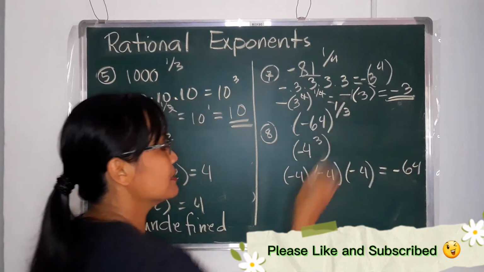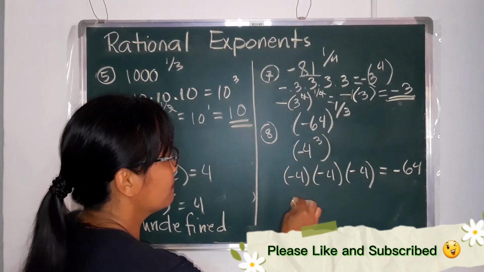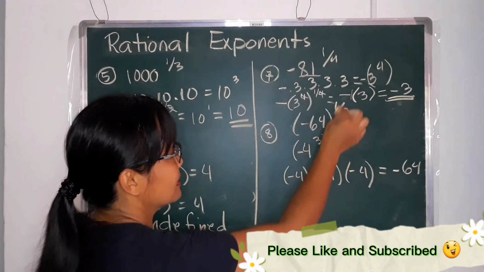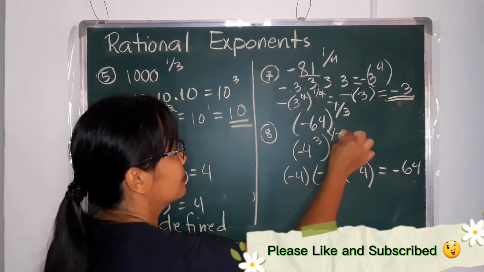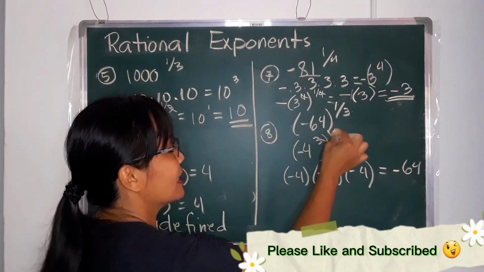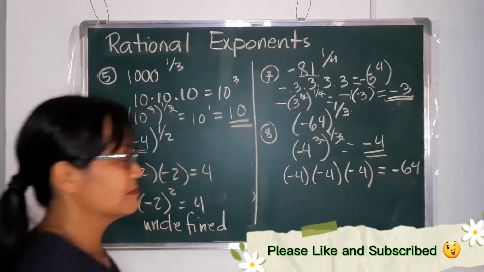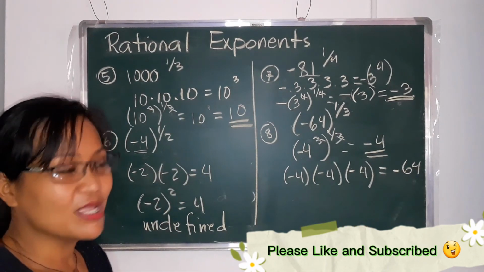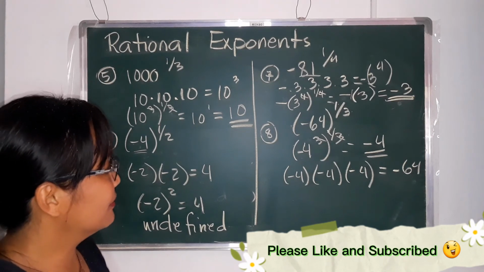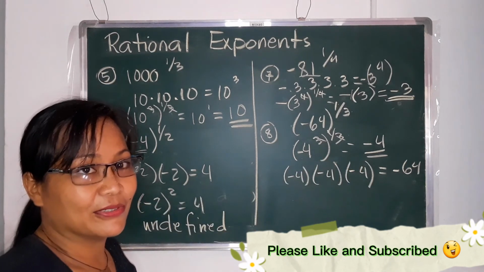So this is possible. Okay? Therefore, negative 4 raised to 3, raised to 1/3, then cancel 3 and 3. Everything is 1. So the answer is negative 4.